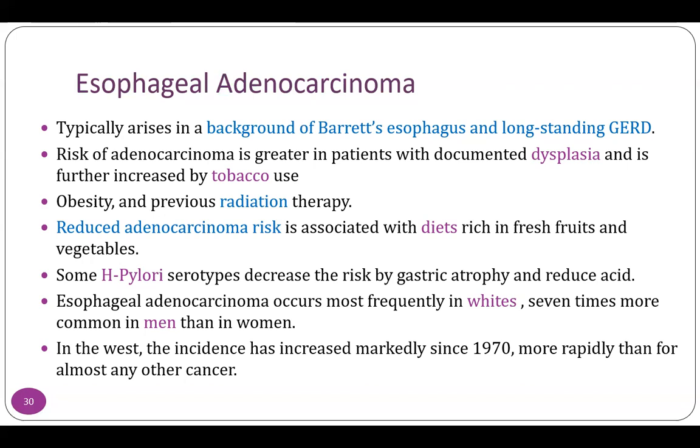In squamous cell carcinoma, black, the location of the cancer is usually in the mid and upper third. It can be seen anywhere, but usually in the mid and upper thirds of the esophagus. So this is how we can approach cancer in the esophagus. Otherwise, the incidence of adenocarcinoma in the West is now more common than squamous cell carcinoma.